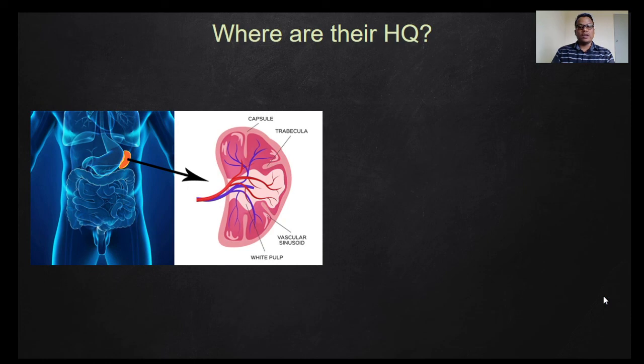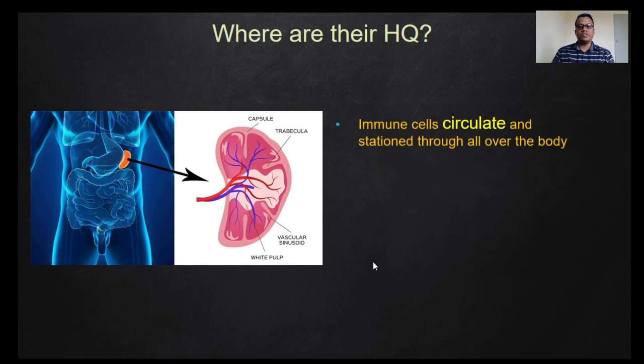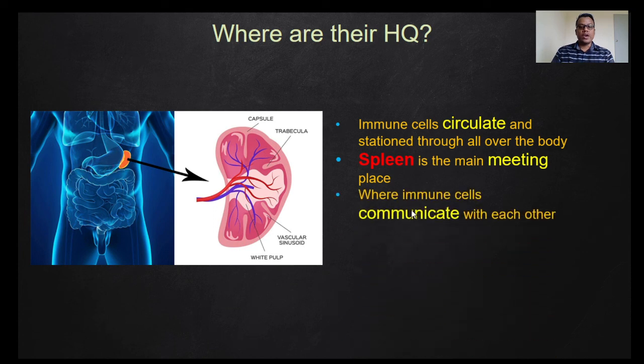So where is their HQ or main meeting place? Immune cells circulate and station all over the body. Spleen is the main meeting place. So this is the location of the spleen, behind our stomach, where immune cells communicate with each other.